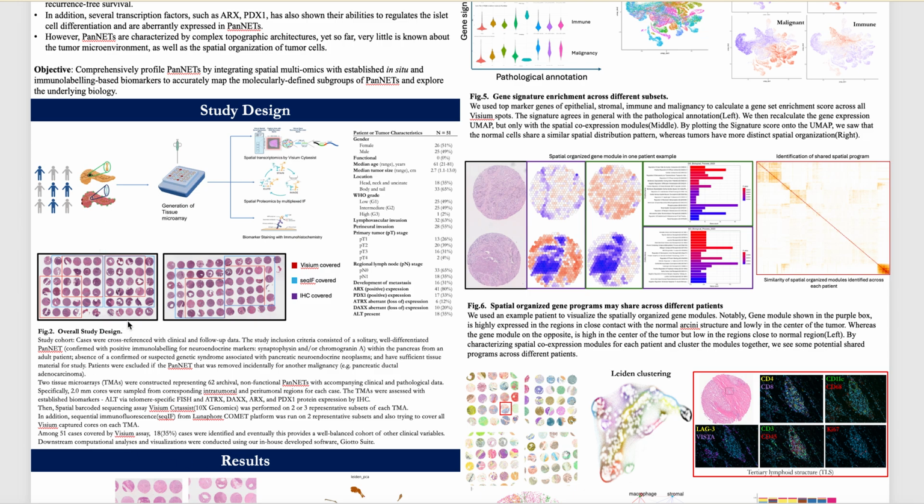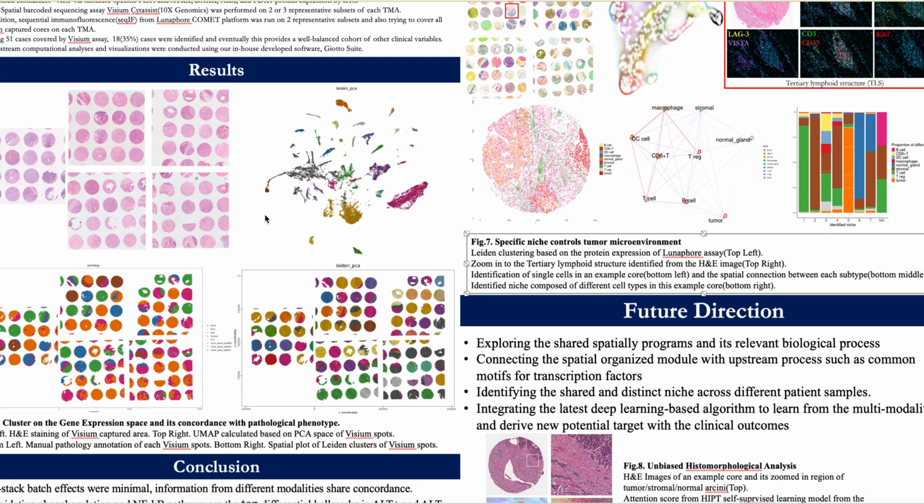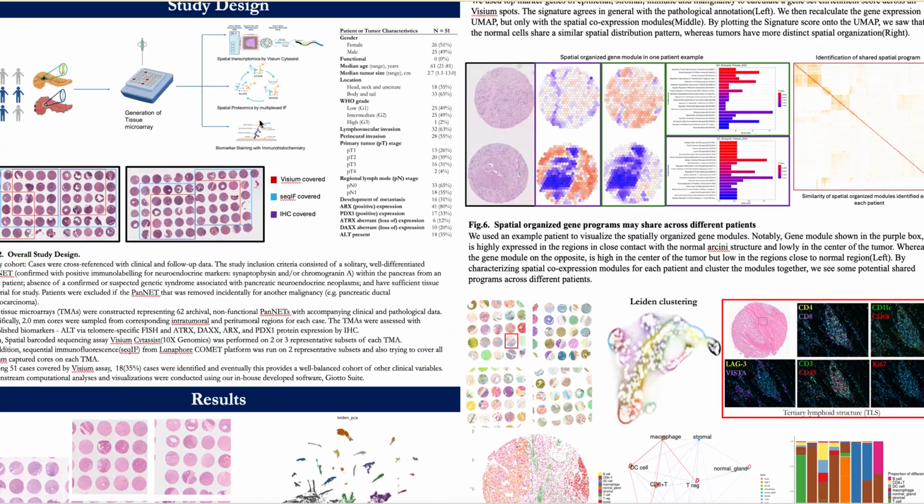So here goes the study design. We integrated 62 patients in total to generate two tissue microarrays with a balanced cohort of ALT-negative, ALT-positive, and a few other biomarkers. And after the tissue was generated, it was sectioned onto different slides, and we ran the IHC staining with the well-known biomarkers.